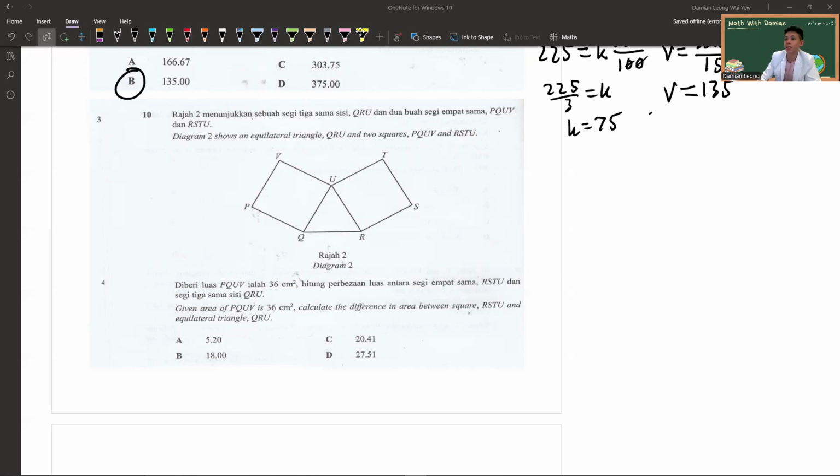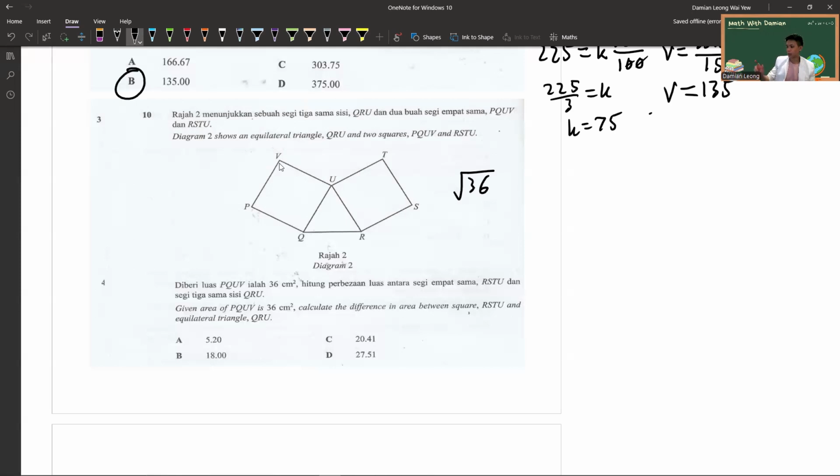So I'm given the area of the square. Using the area of the square, we should be able to get the length of the side of the square. How do we find the length of the sides of a square? Basically, we square root 36.